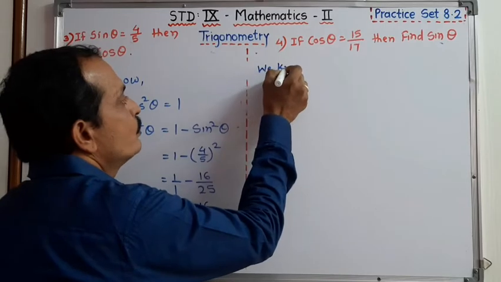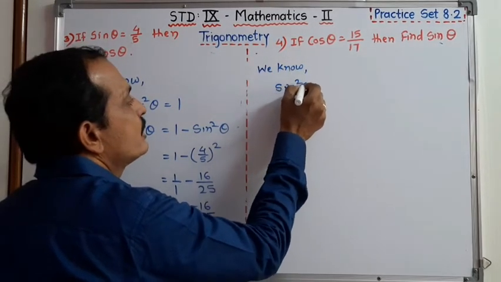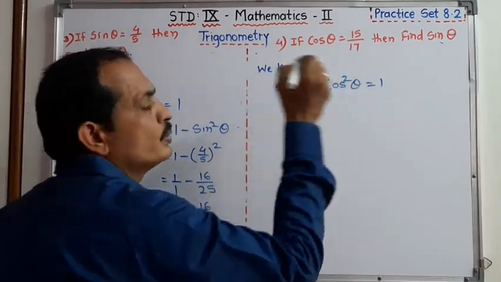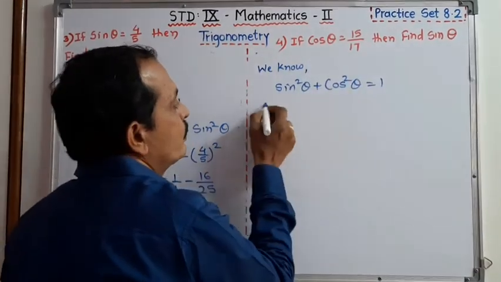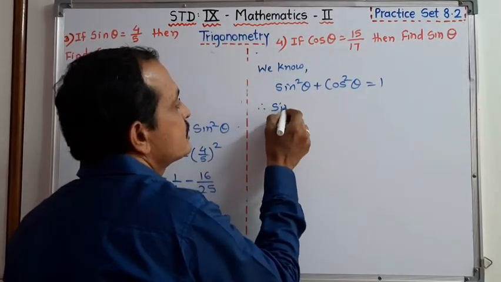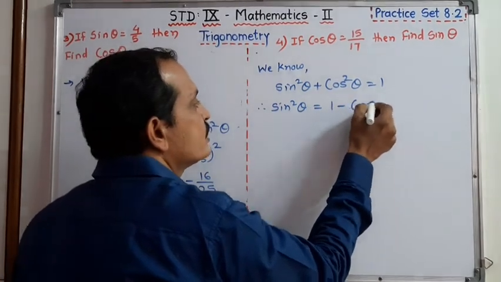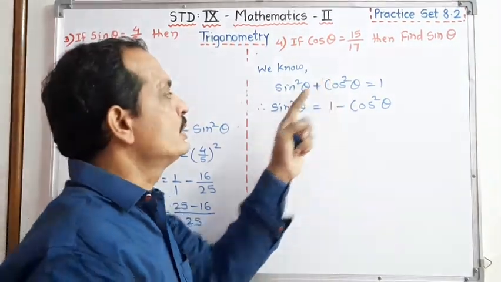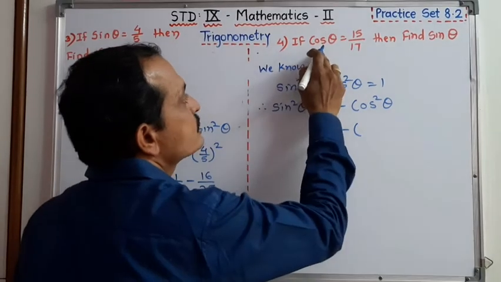Therefore dear student, we know that sin square theta plus cos square theta is equal to 1. Here sin theta we have to find out. Therefore we can write here sin square theta is equal to 1 minus cos square theta. Now see, 1 minus, what is the value of cos theta?